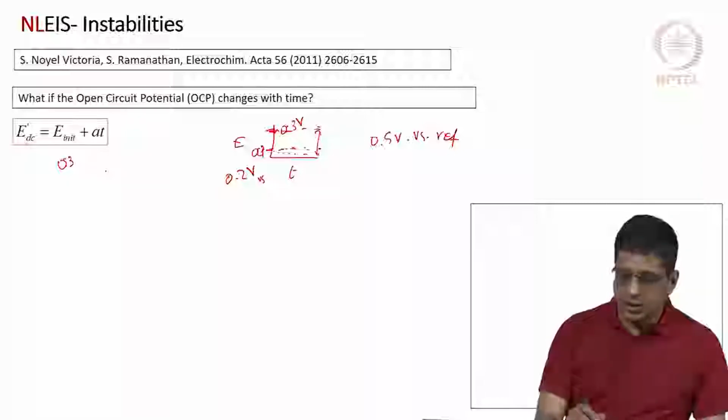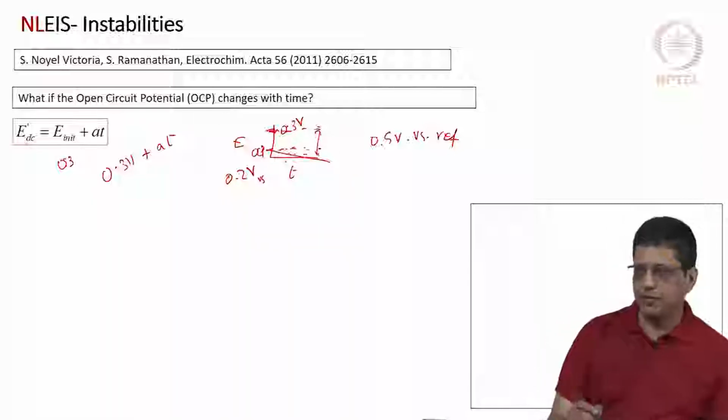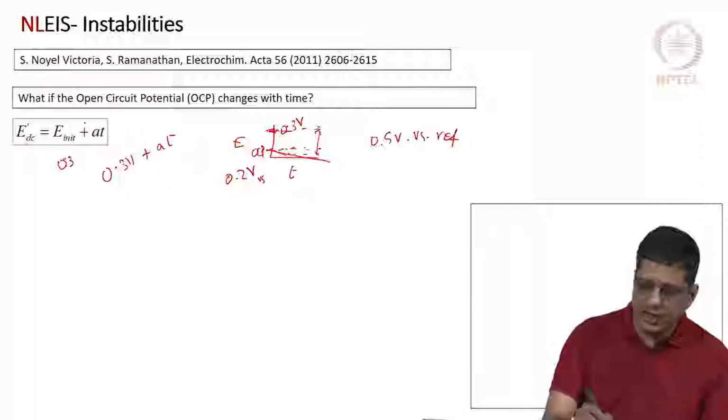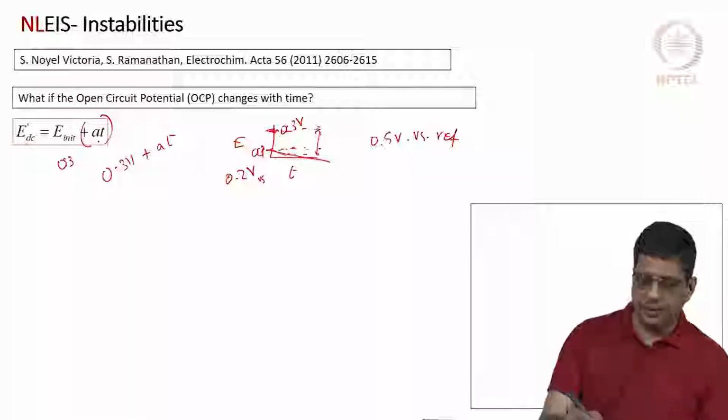We would call that as 0.3 volt plus At, where A tells the rate of change of open circuit potential with respect to time. If that is decreasing, we will say our actual potential where we maintain that is increasing with respect to open circuit potential. Okay.